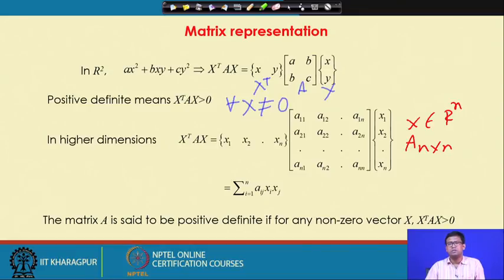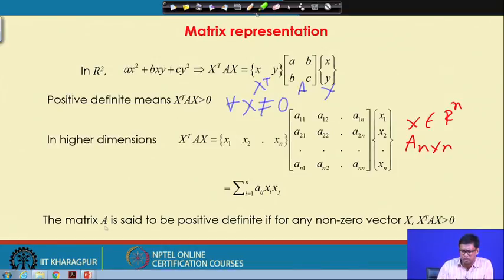This product is always greater than 0 if x is a non-zero vector. If x is a 0 vector, it is 0, but if x is a non-zero vector, this product is definitely positive. Then the matrix A is said to be a positive definite matrix.